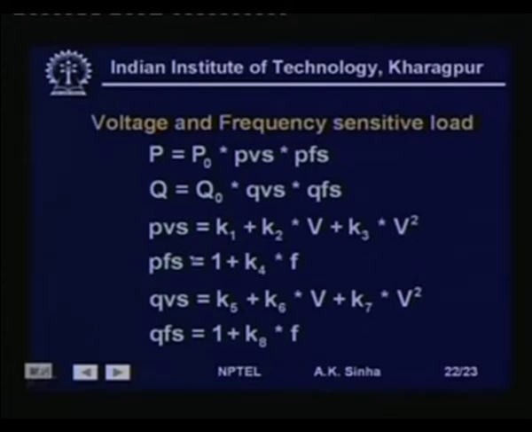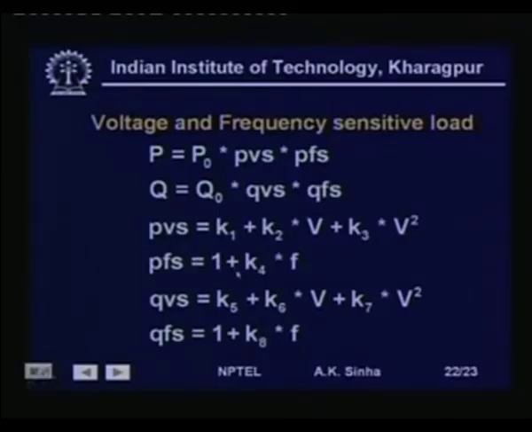Similarly, PFS, the sensitivity of real power with frequency, is given by 1 plus K4 into F. Here we generally do not use higher order terms of frequency, because the band in which the frequency varies is generally very small.